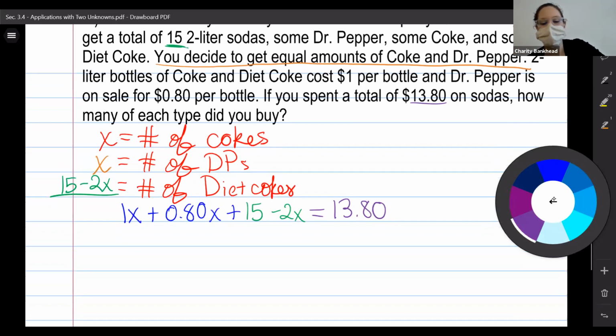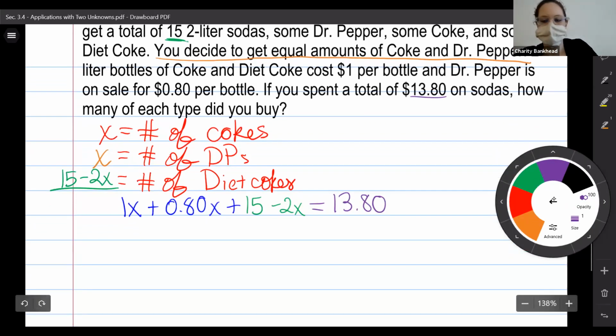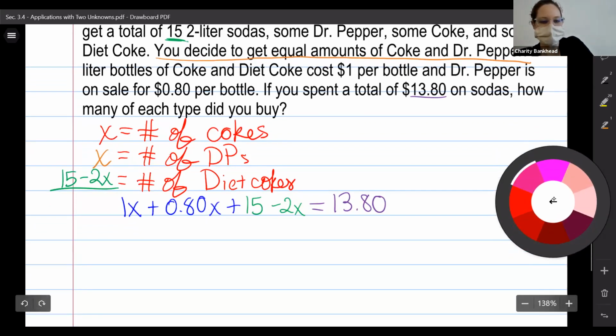Okay, so we can combine like terms. So 1x plus 80 cents x, that would be $1.80x. And I might as well go ahead and combine these like terms as well. So $1.80 minus $2 would be negative 20 cents x.